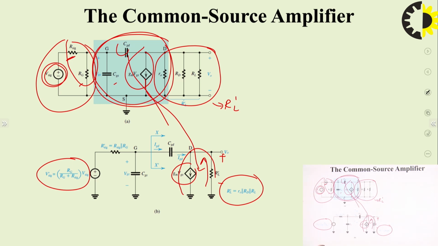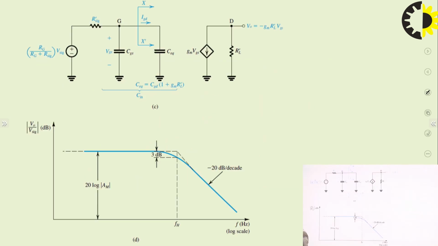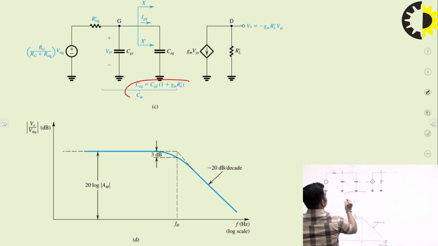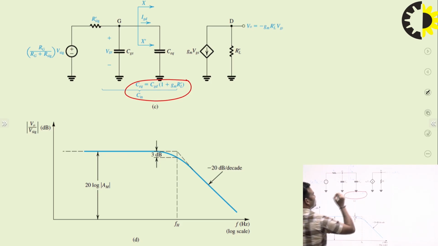So with the help of Miller's theorem, we can find C equivalent as CGD into 1 plus GM RL dash, and the combination of these two will be the input capacitance. The rest everything is the same, and soon we will come to know why we are obtaining the response like this.